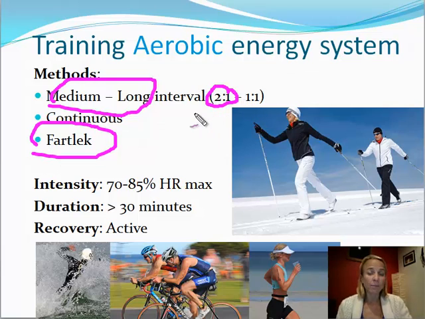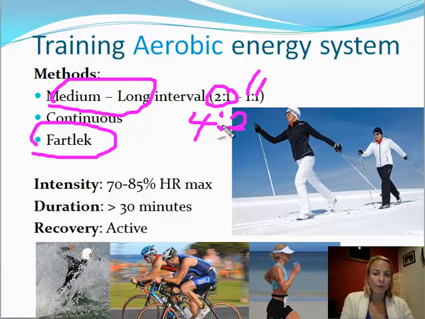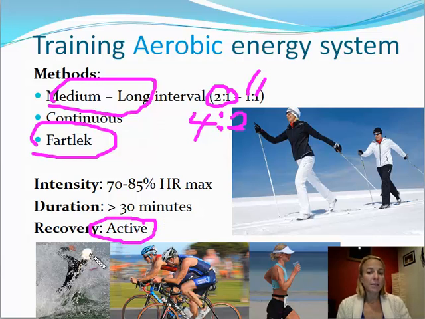So for the work to rest ratio, we might work for say 4 minutes, going pretty reasonably hard, and then have 2 minutes easy, or we might do 10 minutes hard, 10 minutes easy, 1 to 1. And the recovery is active because we want to help keep delivering oxygen to muscles to help resynthesize ATP and remove waste products.